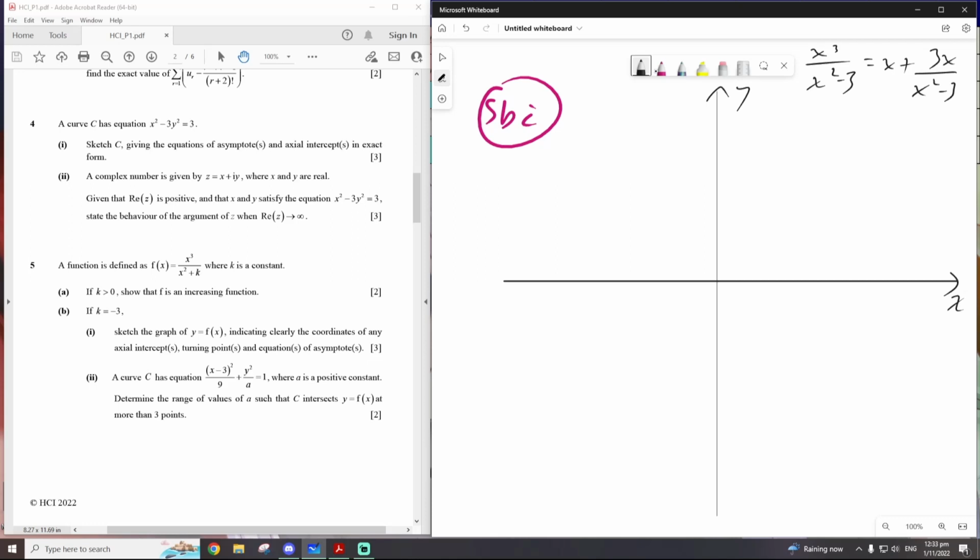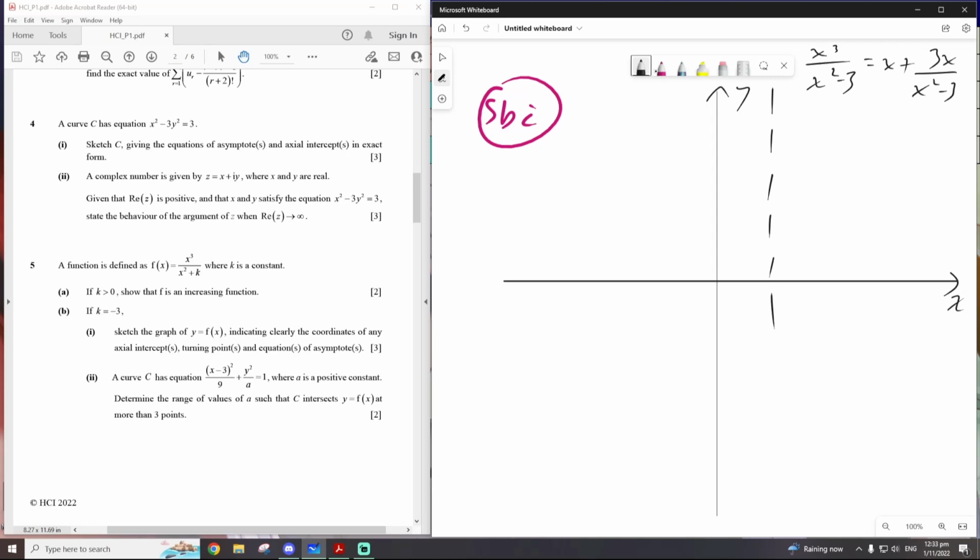And one of the things about this is that it means that the line y equals x is an oblique asymptote, because as x tends to infinity, 3x over x squared minus 3 tends to 0. Okay, so there are also vertical asymptotes, and I think you can figure out what they will be.